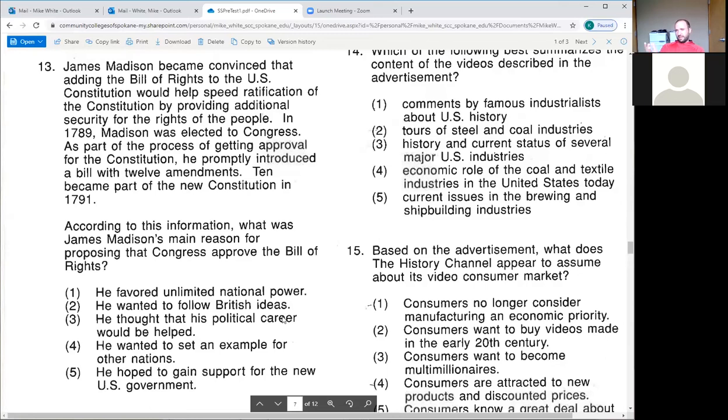We're looking to pick the answer that GED testers think is the right answer. So it doesn't say anything in there about other nations or even talk about other nations at all. So by picking the best of these 5, I would end up with number 5. He hopes to gain support for the new U.S. government.